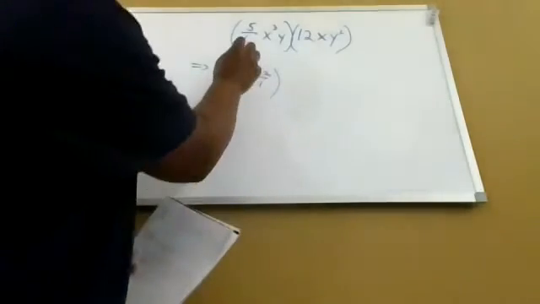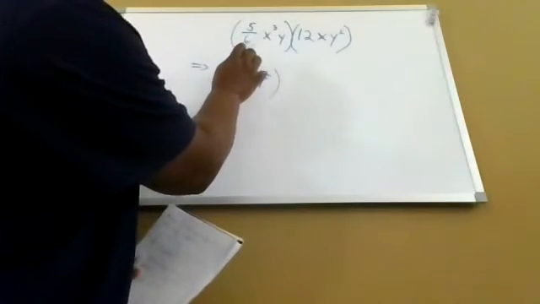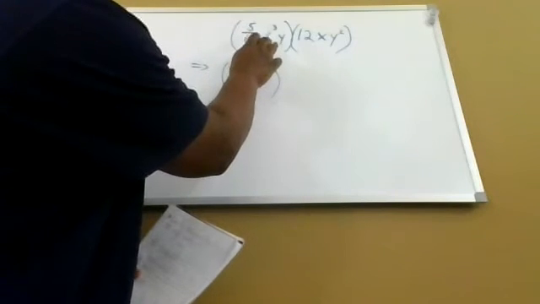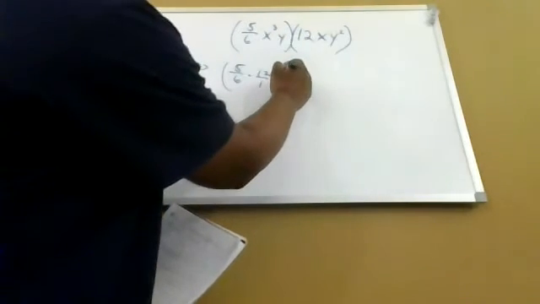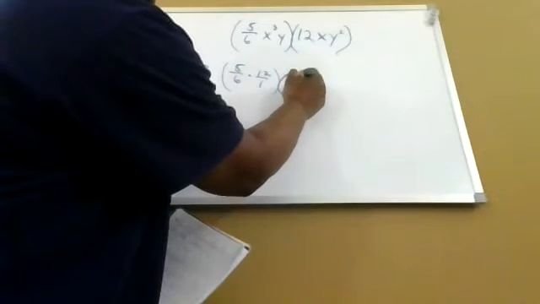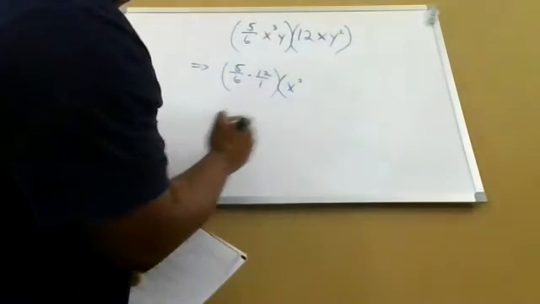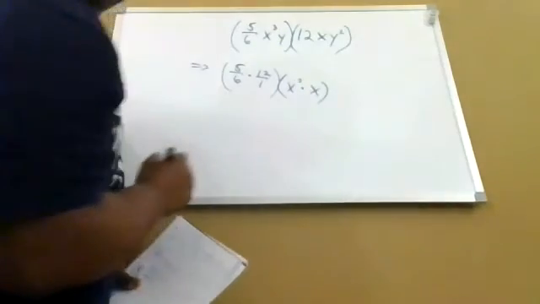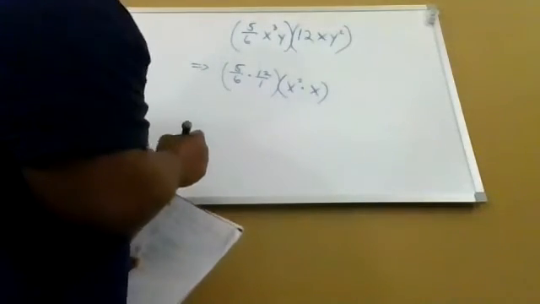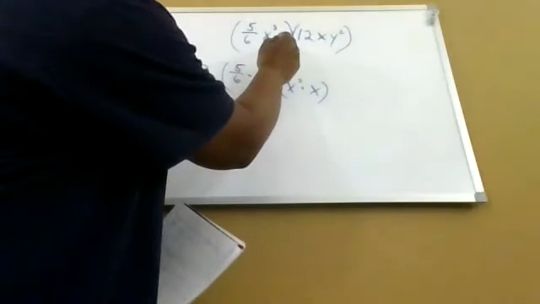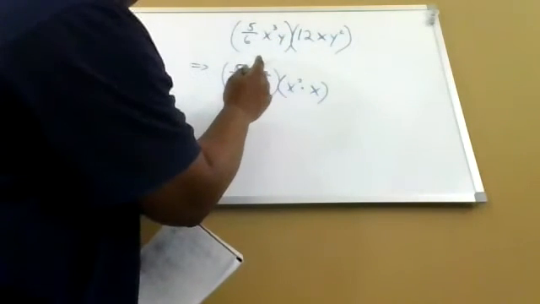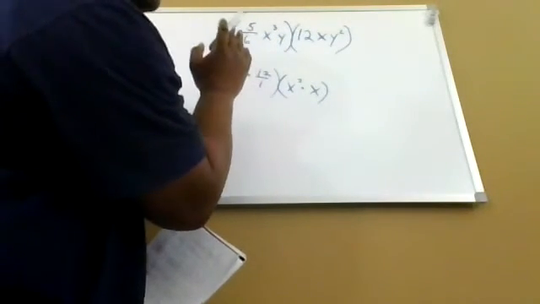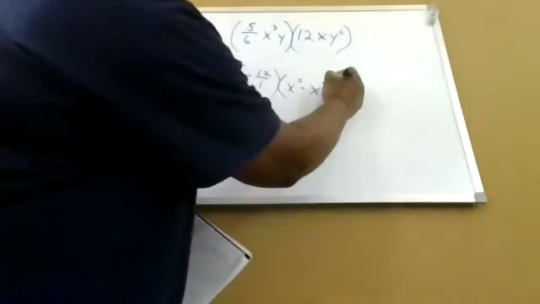And now I'm going to write x cubed times x. And now that leaves me with y times y squared.